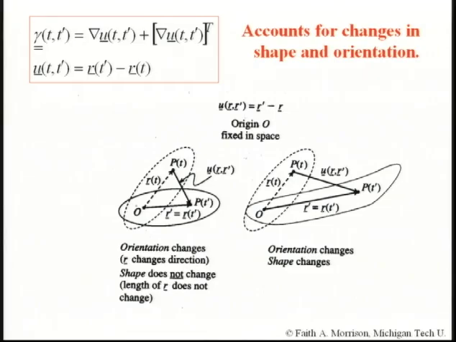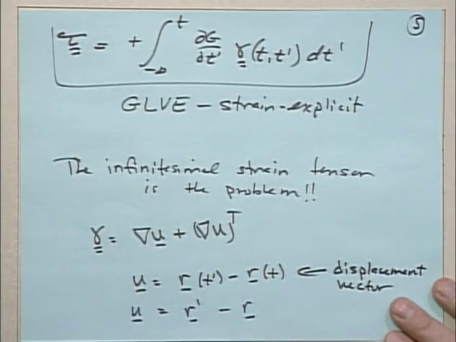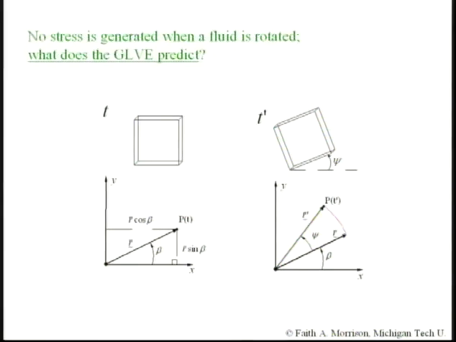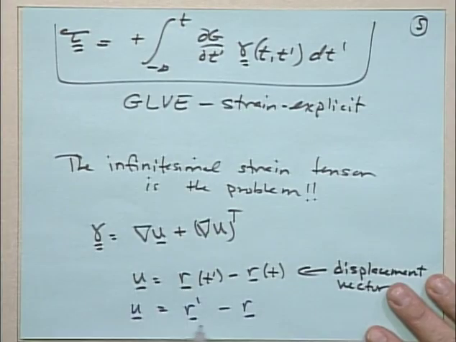Now, this particular choice of how to take into account change of shape takes into account both rotation and deformation. So for instance, in this case, where there is no deformation, there's still clearly a change in u. There's still a grad u.